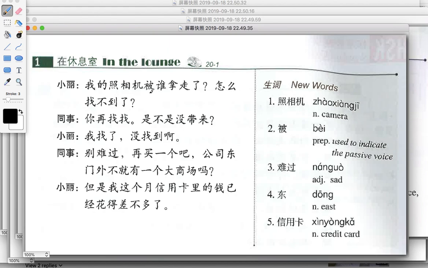So this thing was actioned by whatever person. Okay, so that's the structure. 照相机 is a camera, but we don't really use that anymore. That's a very old term. Now we probably just say 相机, or now we don't really use a lot of 相机 anymore. We just use 手机 to take a picture.